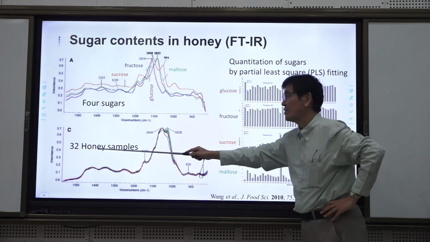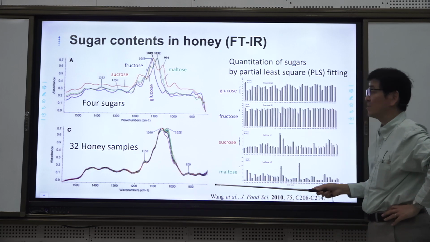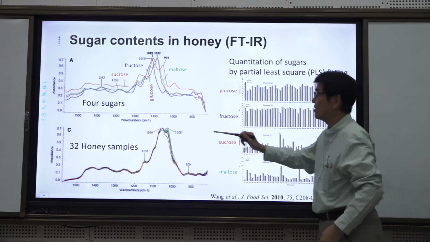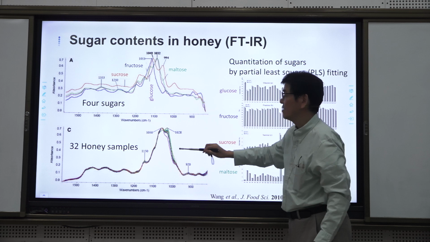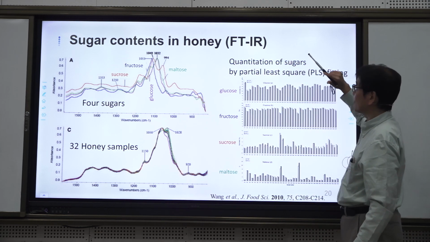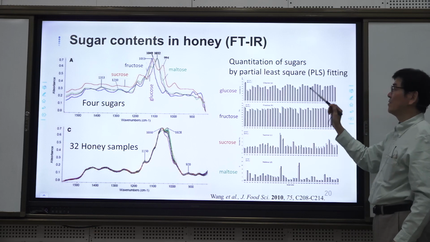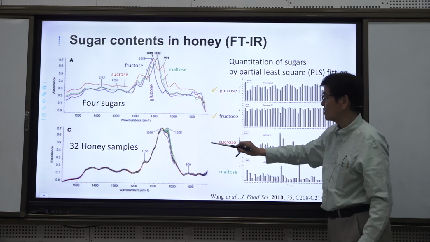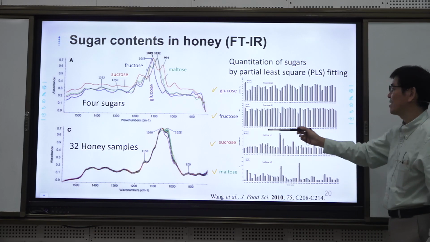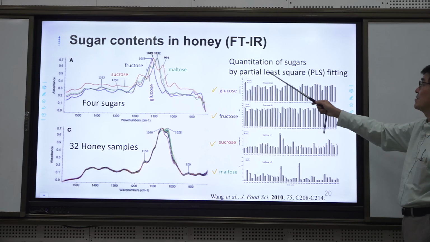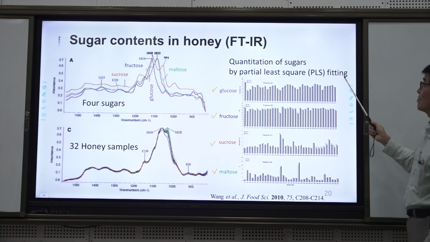They examined 32 honey samples. And by fitting these results to reproduce the observation, they could determine the content of glucose, fructose, sucrose, maltose for 32 honeys. Okay? In this case, partial least square fitting analysis is performed.